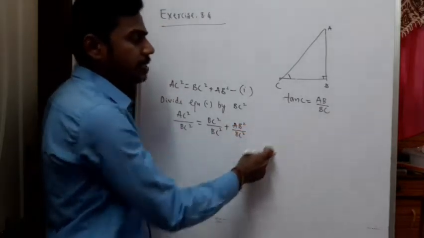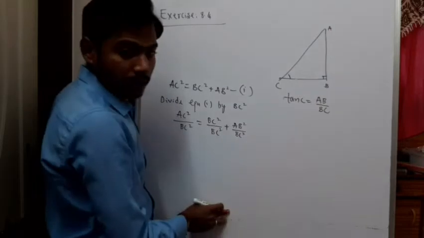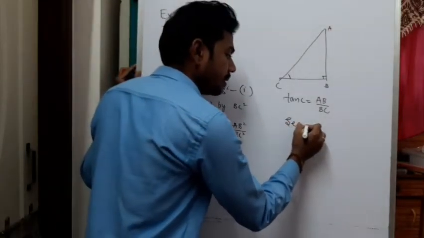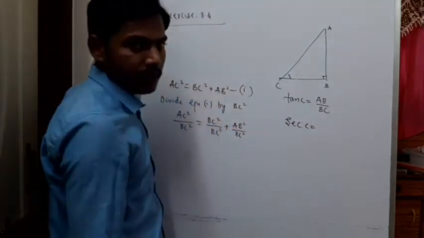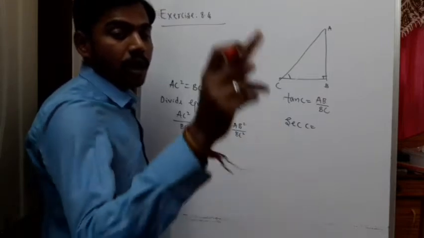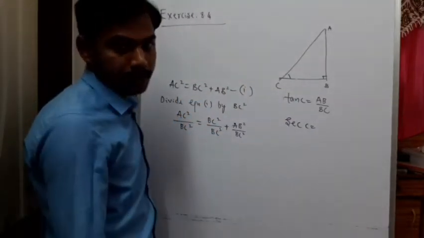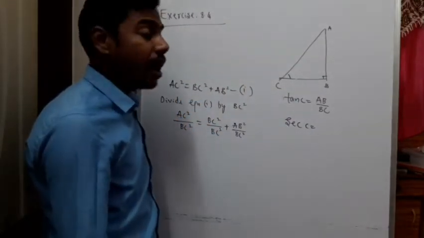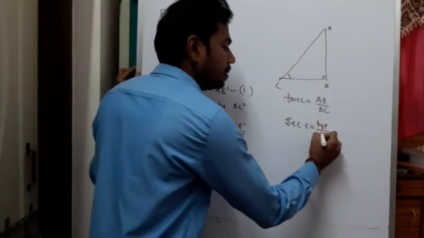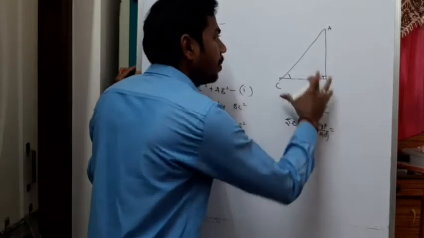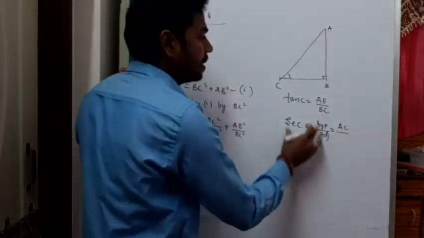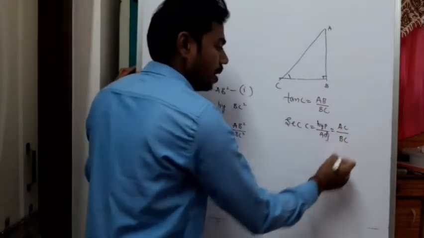See, tan C is AB by BC. Then what about secant C? Secant C is 1 by cos C. Cos C is nothing but adjacent by hypotenuse. So secant C is hypotenuse by adjacent. Hypotenuse here is AC, adjacent is BC.